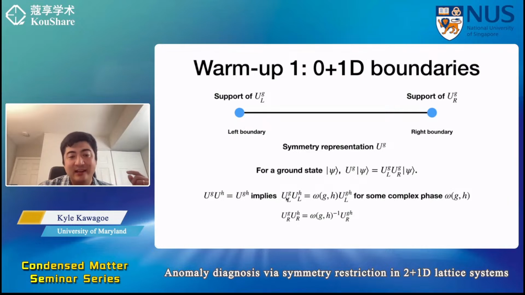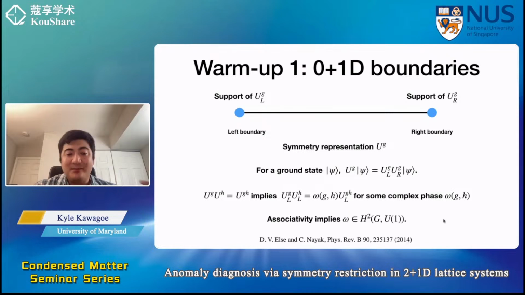So if you take this operator, imitating the symmetry action on the left boundary, UGL times UHL gives you UGHL up to a complex phase. And that complex phase is a so-called two-cocycle. And you can prove this.